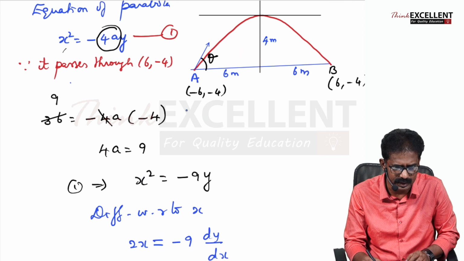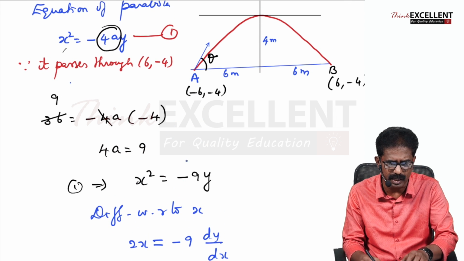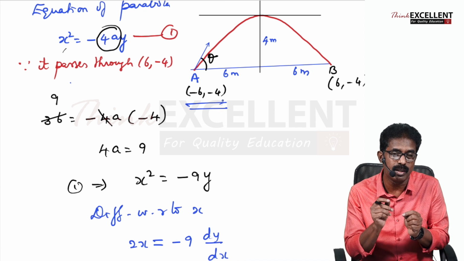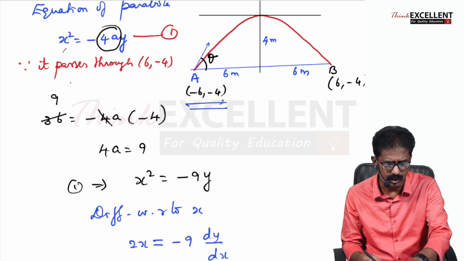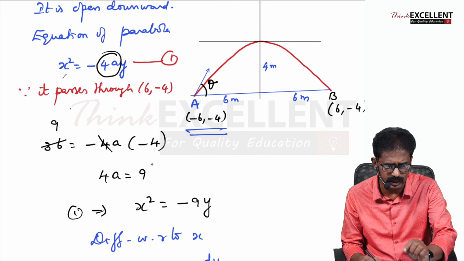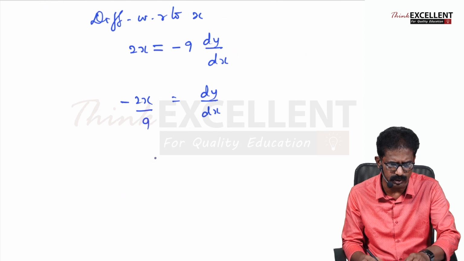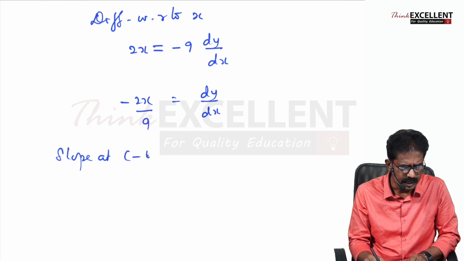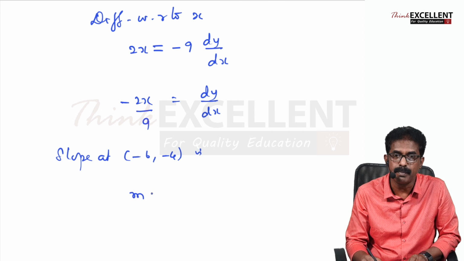So what is that point? A, minus 6 comma minus 4. Here you must put only that point. Point of projection, like the point of lighting the rocket cracker. So the original position, minus 6, minus 4. So slope at minus 6, minus 4, you take it as m.